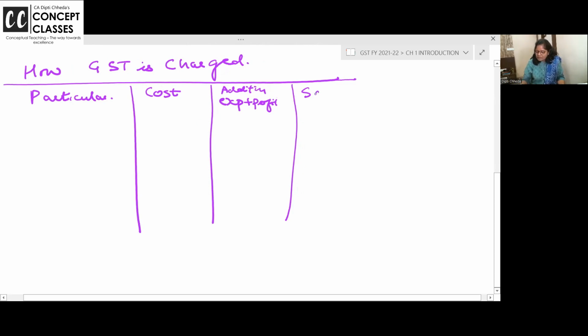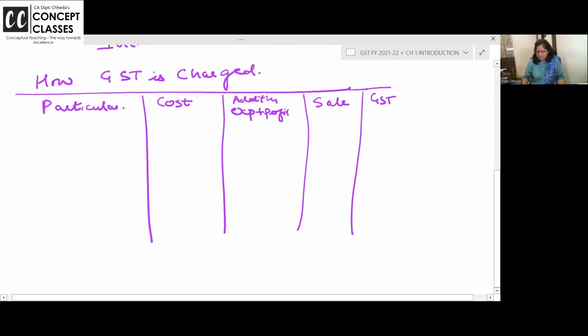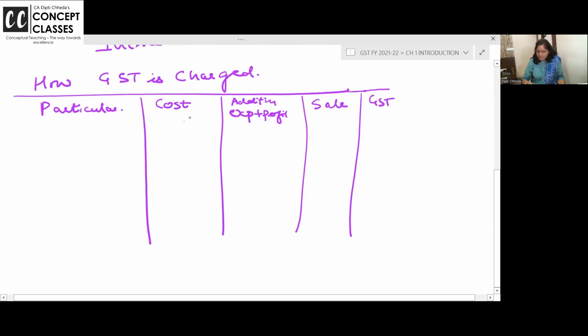Cost, addition, sales, and GST. I could have made 2 more columns, output GST, input GST, but अब उतना जरूरत नहीं. Cost, addition, expense, profit, sale, and GST. Can I make the table? Put your pens down so that you can help me in calculation. I'll give you time to take this down.